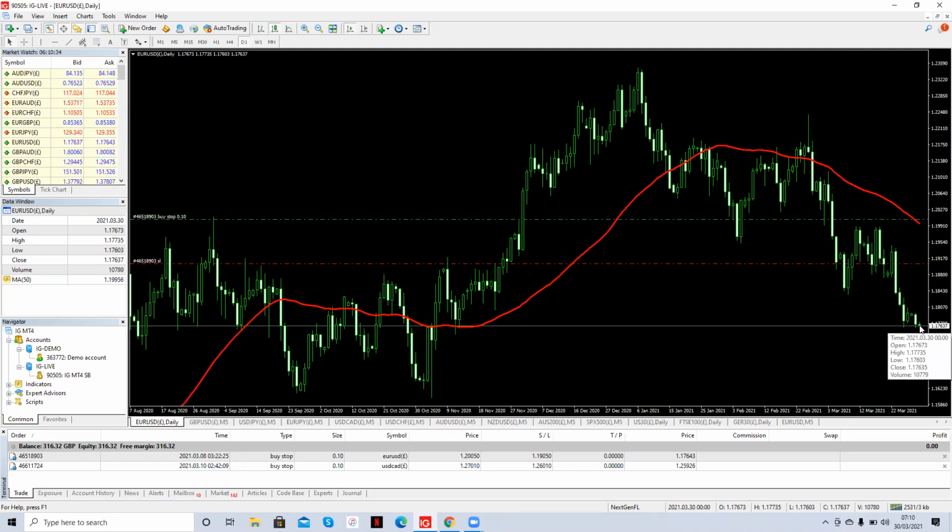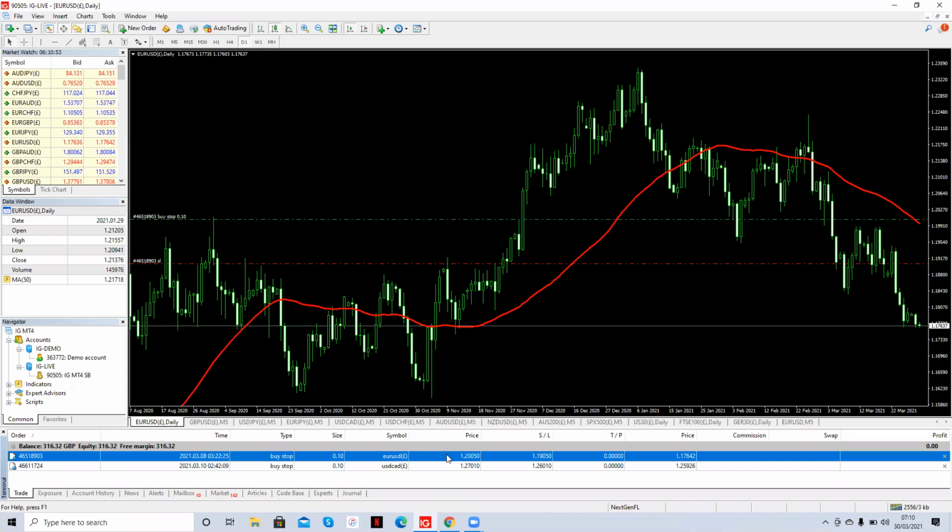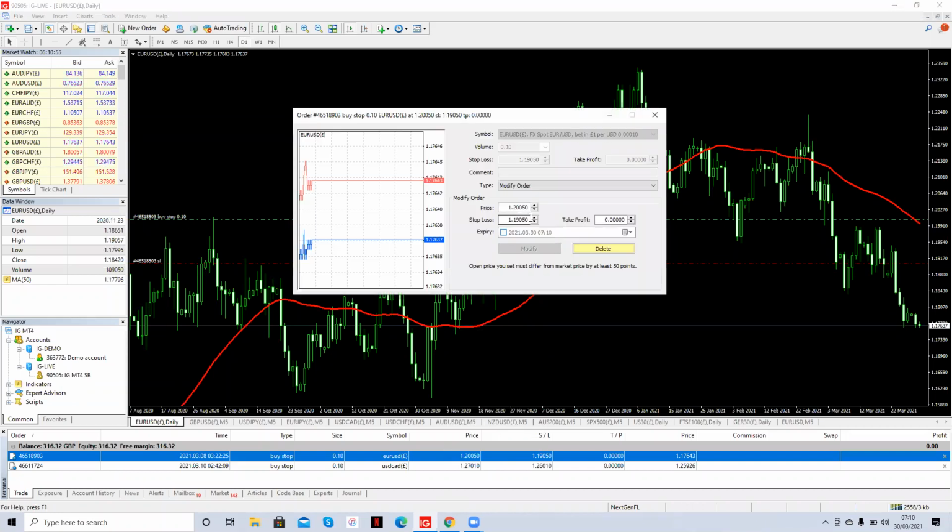I'll just put my cursor on today's candlestick, and the moving average 50 today is 1.19956. So I'll just round that up to 1.1996, and 2 pips above that to be 1.1998.